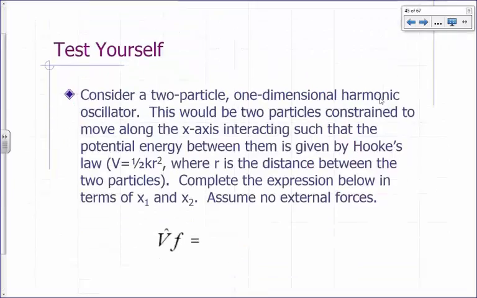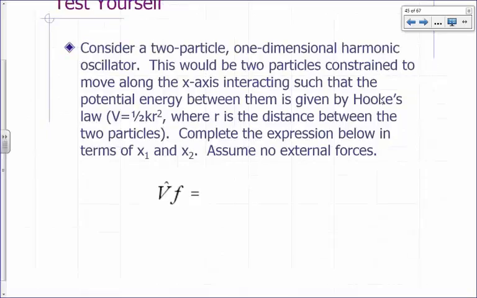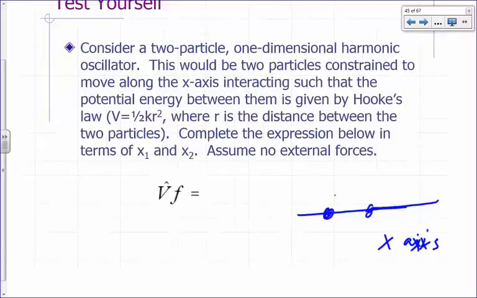Here's an example. Let's say you have a 2-particle, one-dimensional harmonic oscillator. Okay, and that would be 2 particles constrained to move along the x-axis. You have an x-axis, and you get 2 particles. Okay, so the potential energy of interaction between them is given by this expression, 1/2 kr², where r is the distance between them.